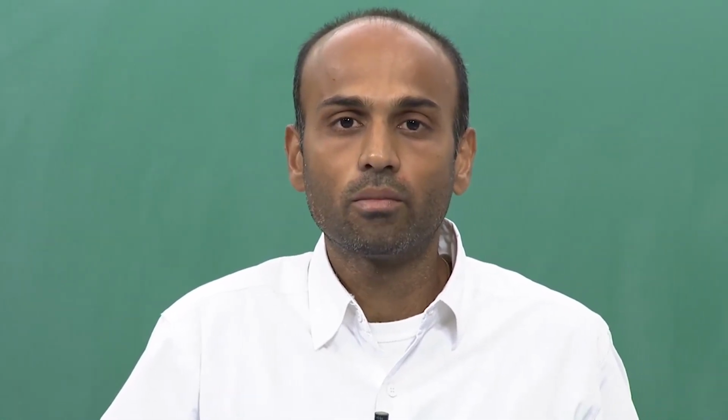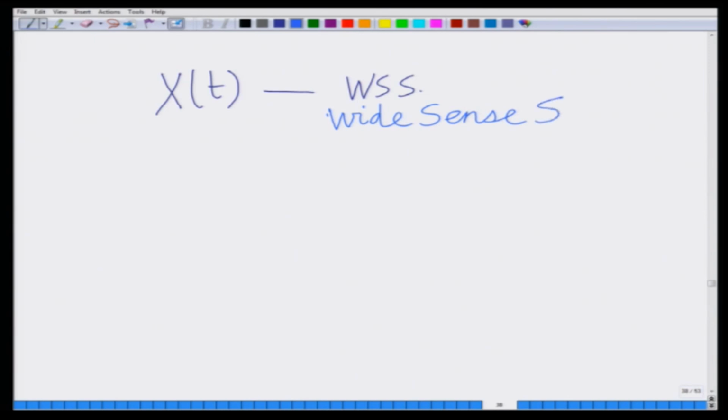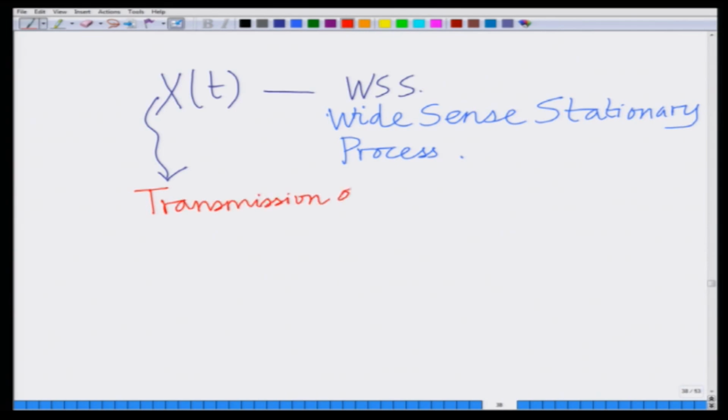So we have seen, if X(t) is a random process, let us consider X(t), which is a WSS, that is wide sense stationary random process, then we have seen what happens when X(t) is transmitted through a linear time invariant system.